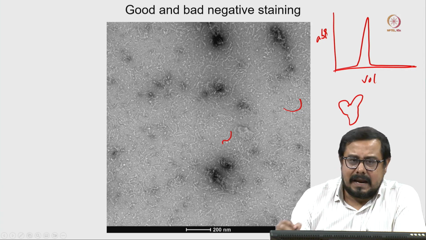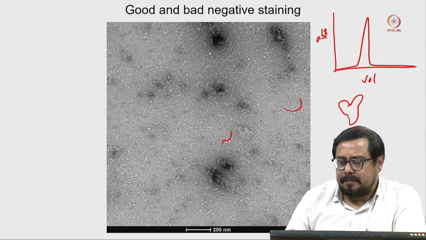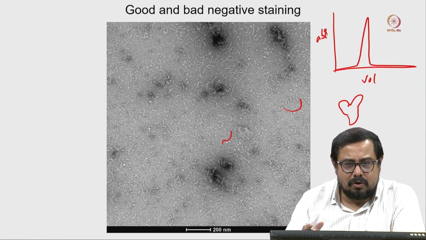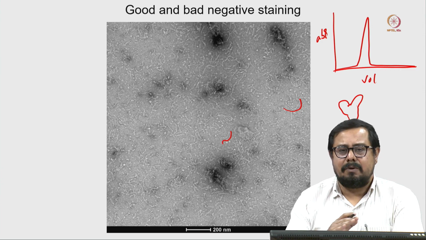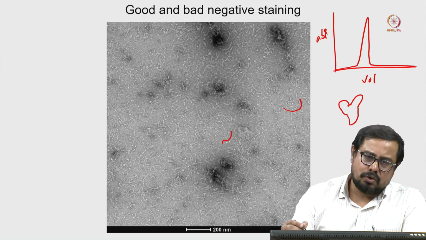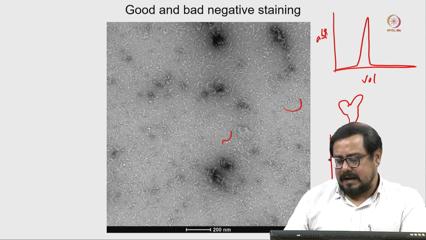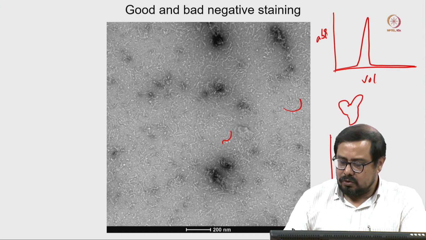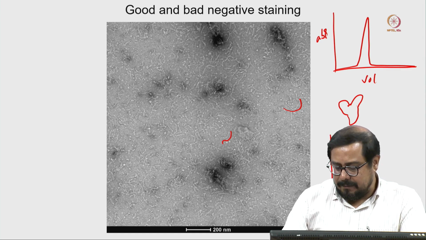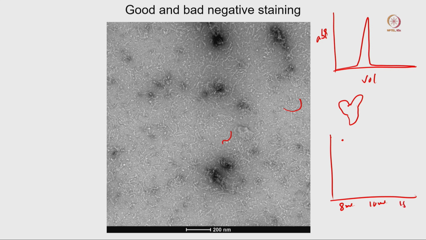And from a standard curve, meaning you already know the molecular weight of the protein you are running from the SEC, you can generate a standard curve from there. So at volume 8 ml, 10 ml or 15 ml you have a known protein, and that known protein is eluting here, eluting here.